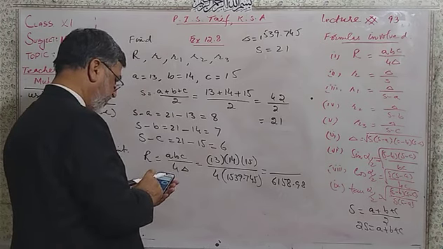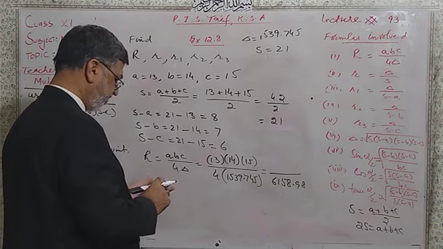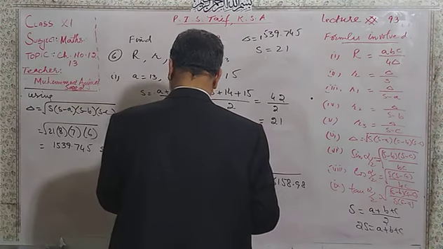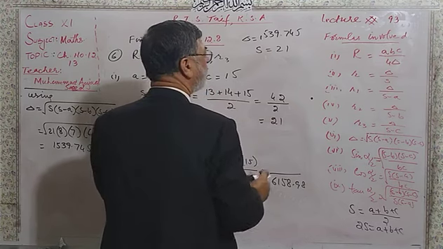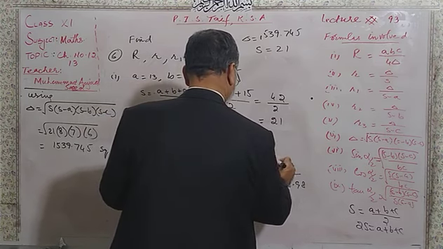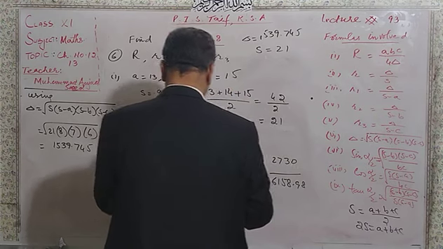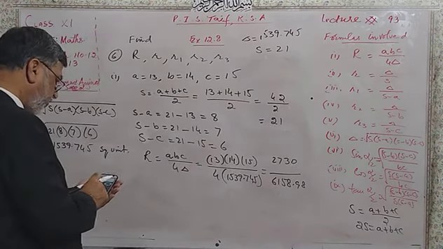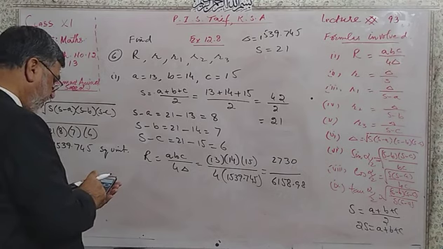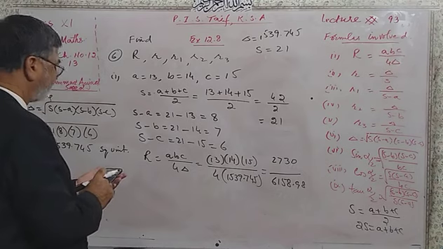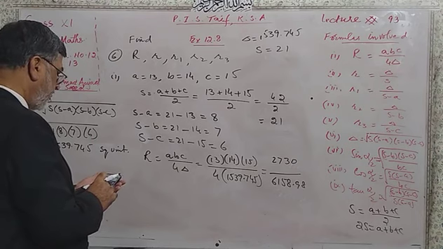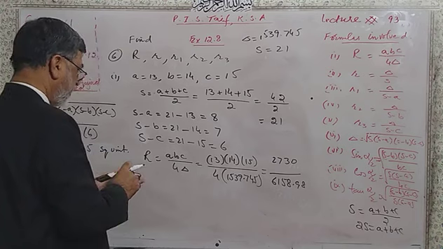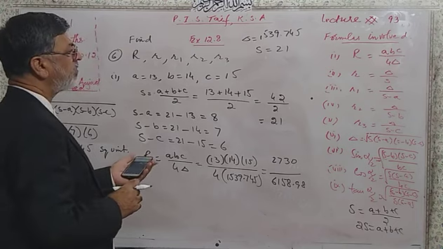13 multiplied by 14 multiplied by 15. That will be 2730. Yes, 2730. And we have ABC over 4 delta.